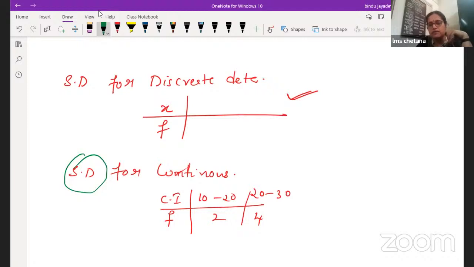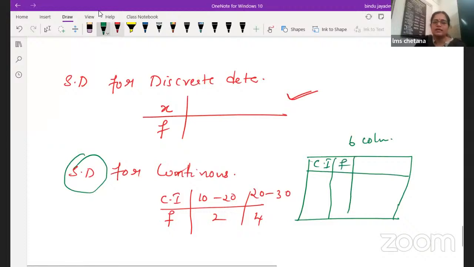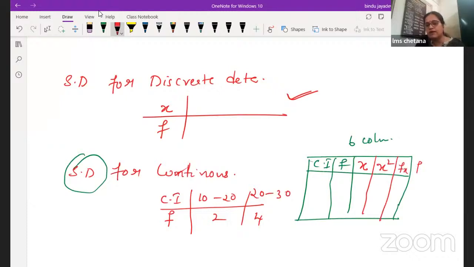The table, which you construct with 5 columns, you will make with 6 columns instead. What are the 6 columns? First column is the class interval. I told you the question always gives the first 2 columns, and F came. Then automatically we need X here. Then it will come your X square. Then it will come for your Fx, and the last column is Fx square.